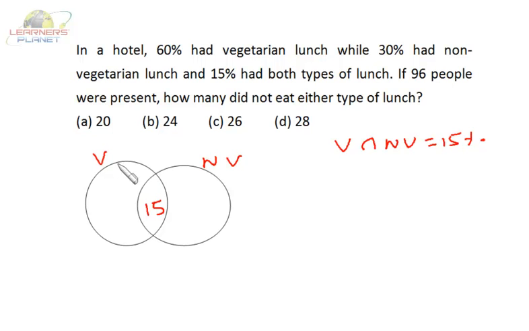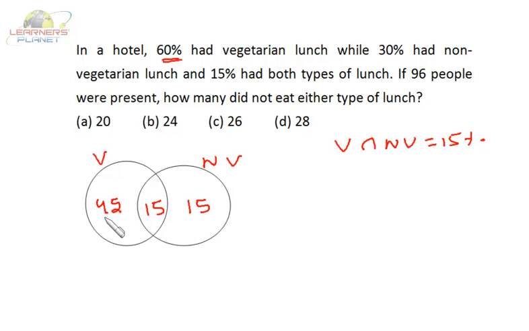Okay. Now the total of this circle, that is the total calculation of vegetarian, is 60%. So 15 I have written over here, so here it will be 45. Similarly, 30% had non-vegetarian. So 15 I have written over here, so the remaining 15 I'll be writing over here. So the total of the non-vegetarian circle will be 30.